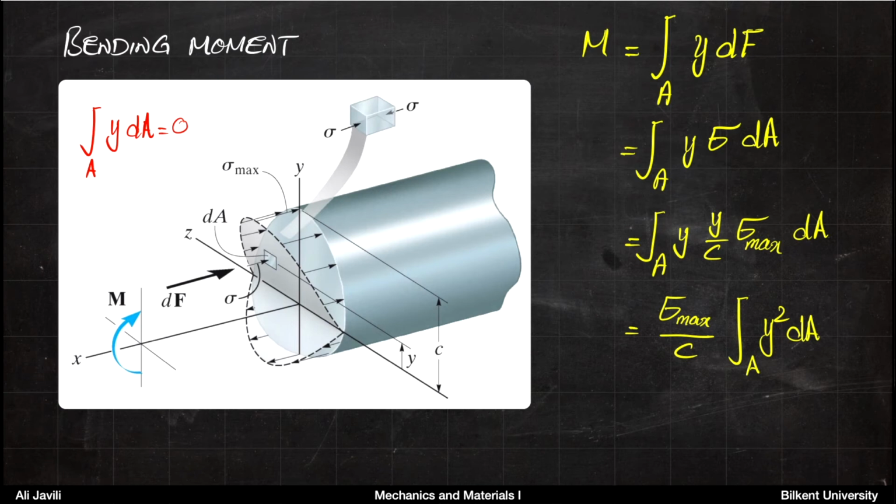Now the next thing you want to do is to take out the maximum stress and c out of the integral because they are constant, and what you're left with is the integral of y squared dA over the area.